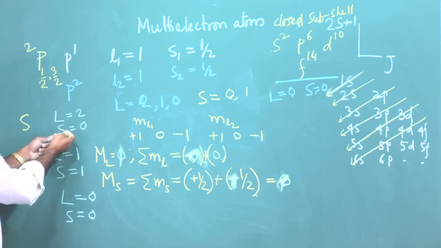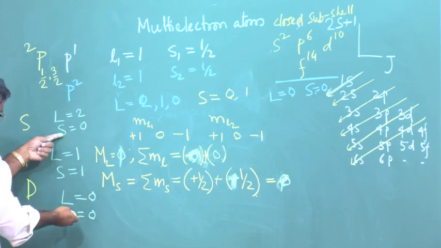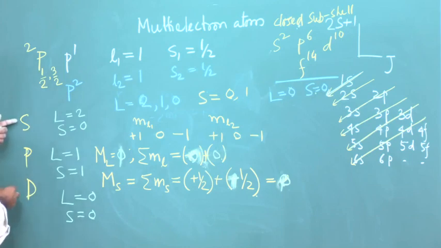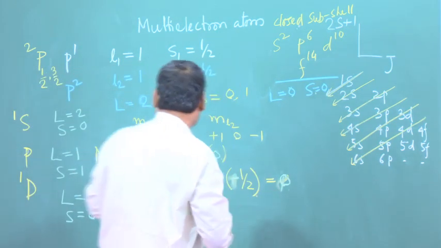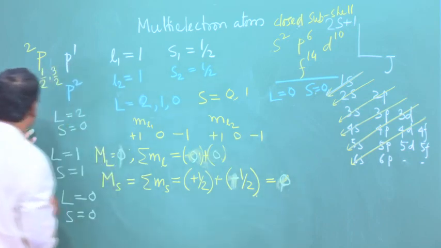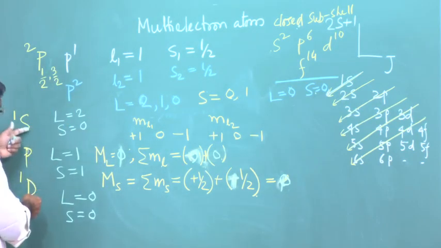And in this case L equal to 2 has S equal to 0. So, in case of S and D it will be S equal to 0. So, 2S plus 1 will be 1, and corresponding J one can write in principle if you know L and S.